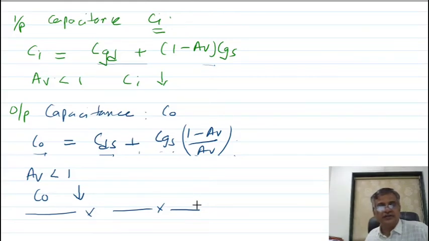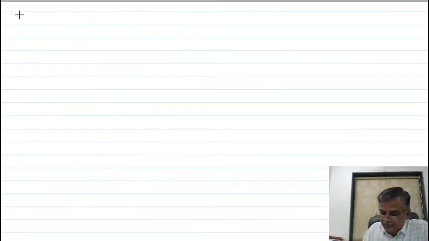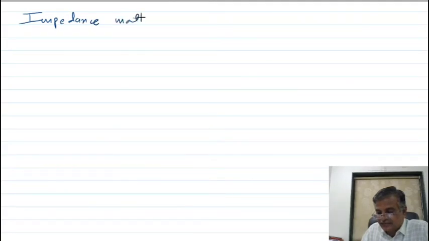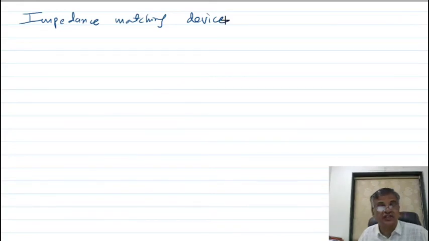What does an impedance matching device do, and if the impedance is not matched, what is the effect? Look carefully. I am discussing an impedance matching device or impedance matching circuit.